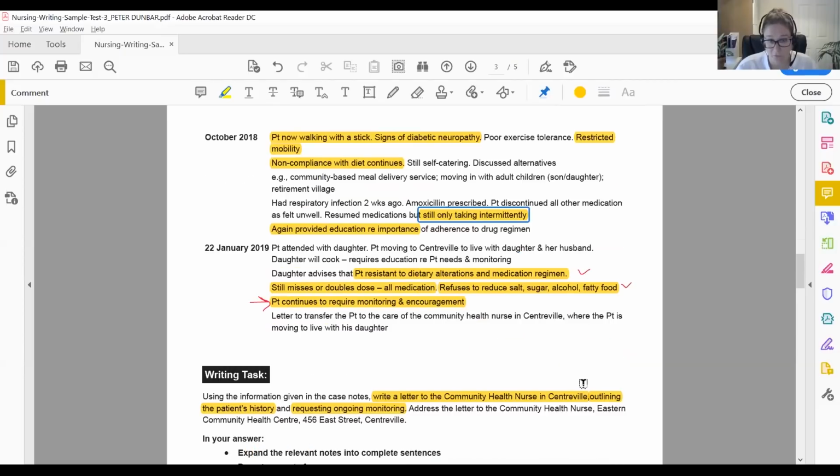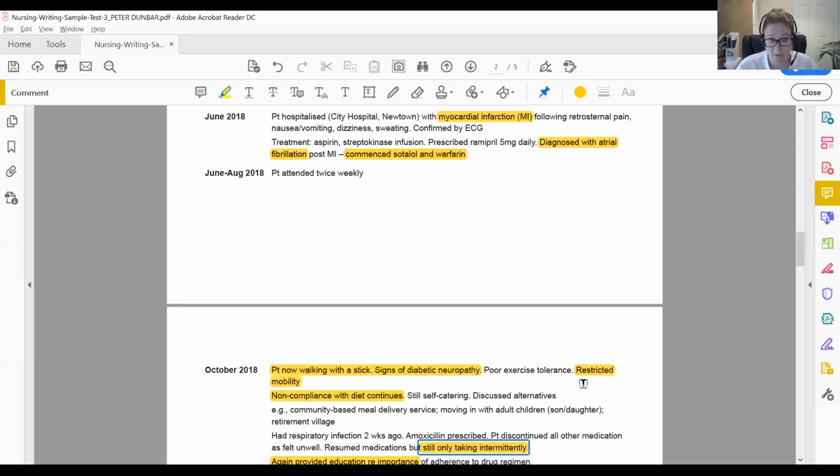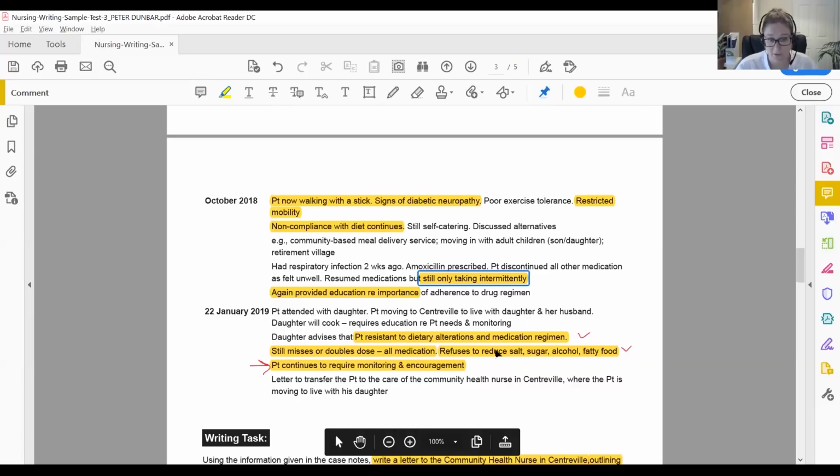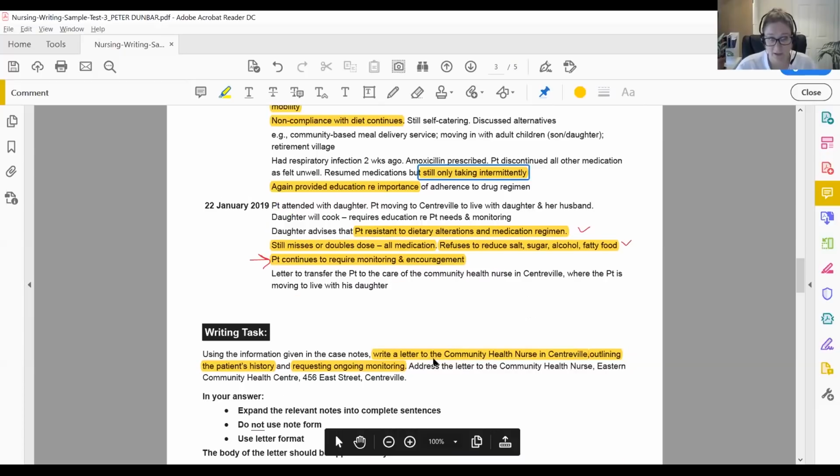So if we just review the main patient story here. We've got Mr. Dunbar. He's moving to live with his daughter in Centerville, and he needs monitoring and encouragement for his diet and medication.